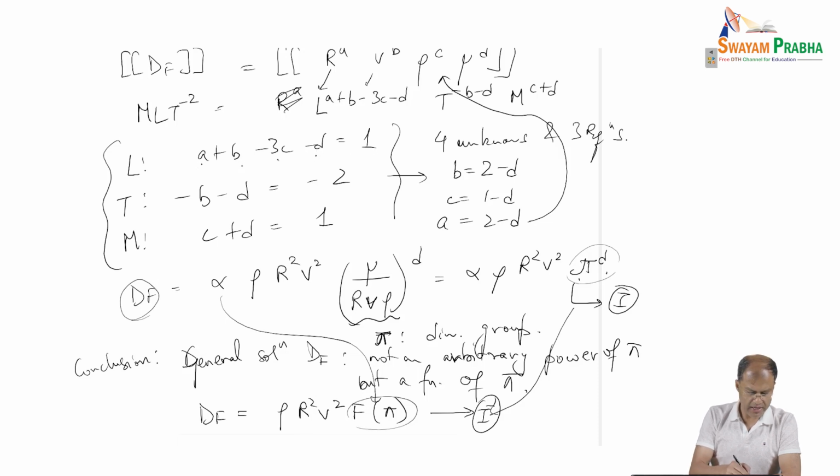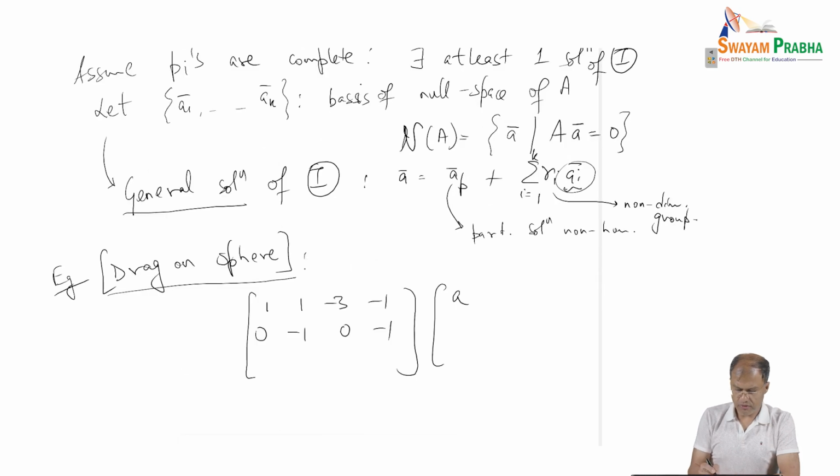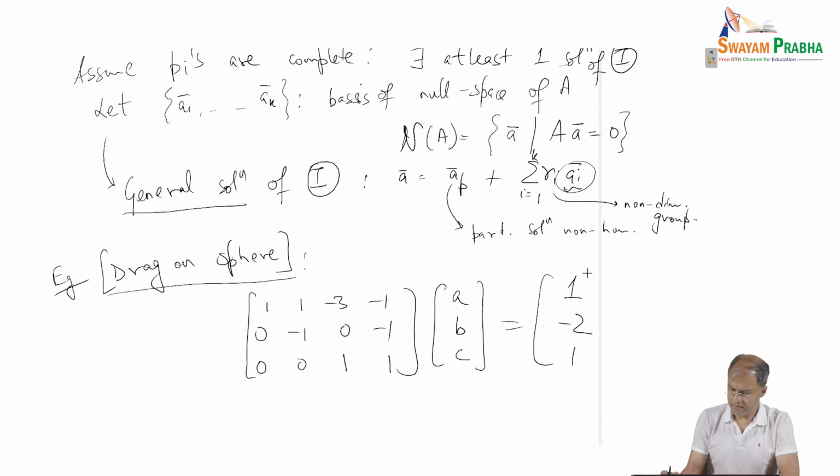Similarly for the other sets, we can write B times minus 2, and the rest is 0 0 1 1 C times this, and the right hand side is 1.